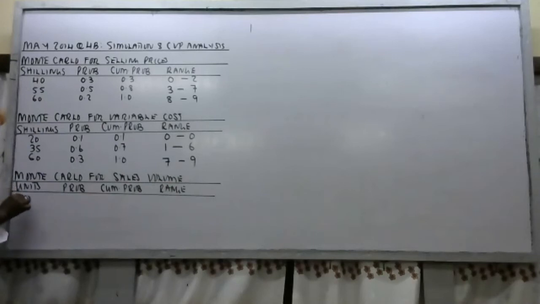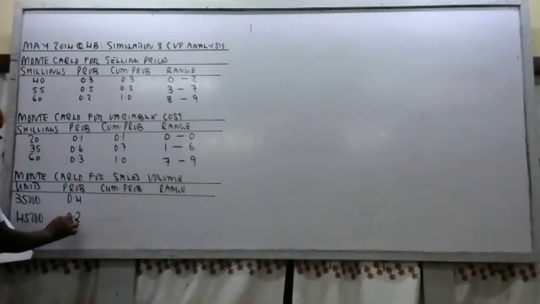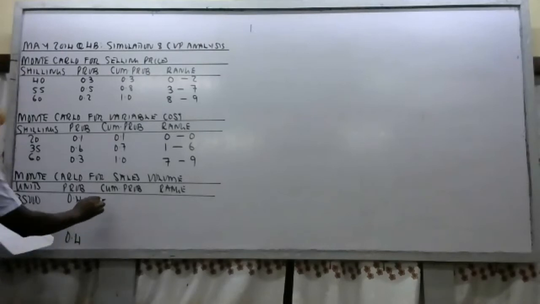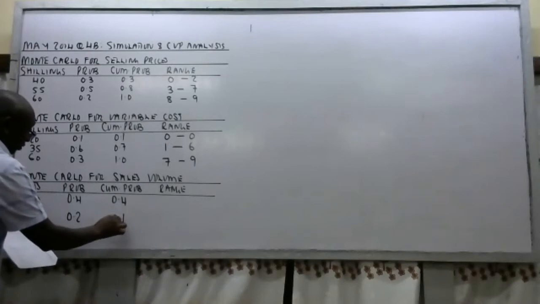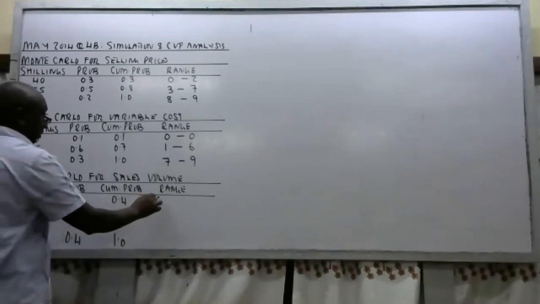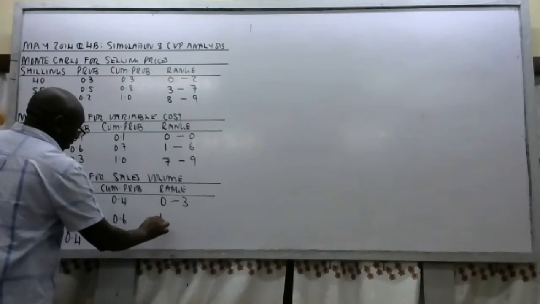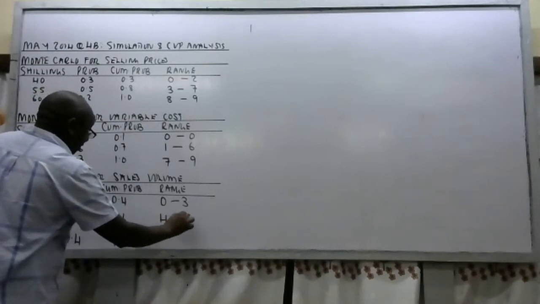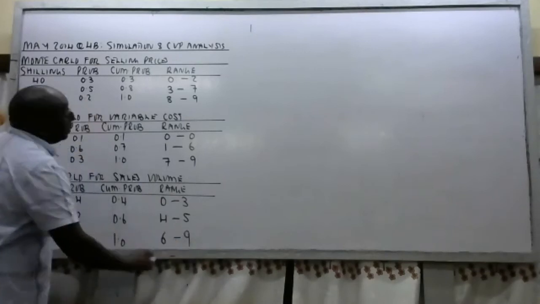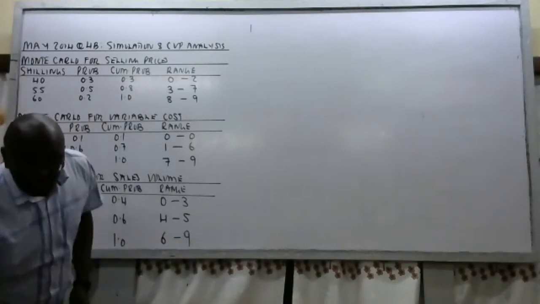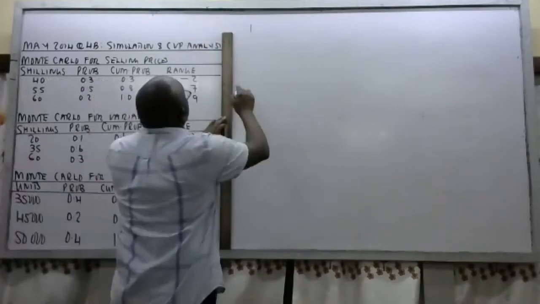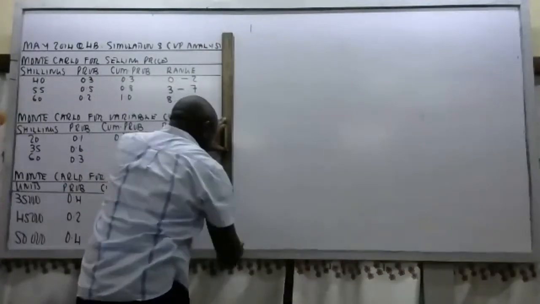So this is 35,000, I have 45,000 and 50,000, 0.4, 0.2, and 0.4. So 0.4, 0.6, and 1. So this is 0 to 3, 4 to 5, and 6 to 9. And those are the Monte Carlos.